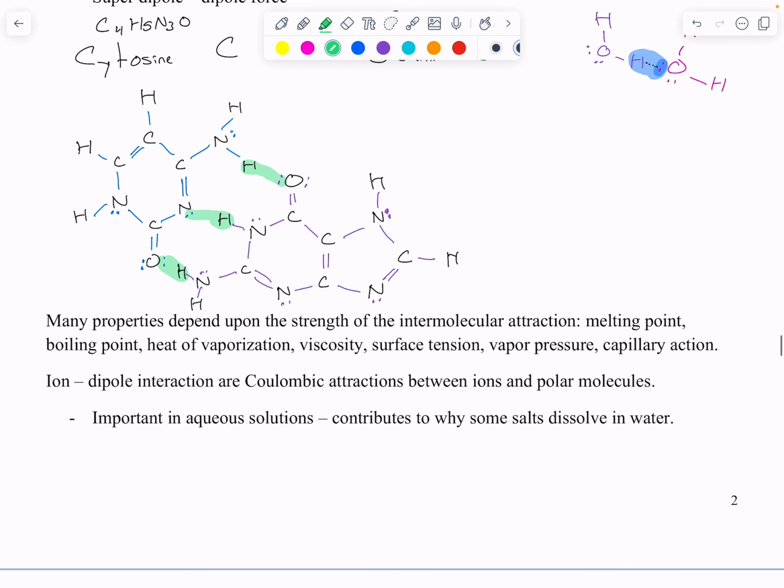I think it's fascinating. All right, so many properties depend on these intermolecular forces. And what we need to know is, does it hydrogen bond? So is it small, and does it have a nitrogen or oxygen with a lone pair? You see how they have lone pairs, right? This oxygen has a lone pair with this hydrogen on a nitrogen with this guy right here. So are they hydrogen bonding?